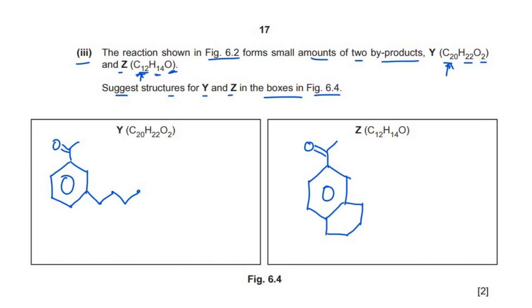Let's draw it again, the same benzene ring bonded here. Now if you count the carbon atoms, the hydrogen atoms and the remaining oxygen, you will see that it matches C20, H22 and O2. So this is how the byproducts can be formed.